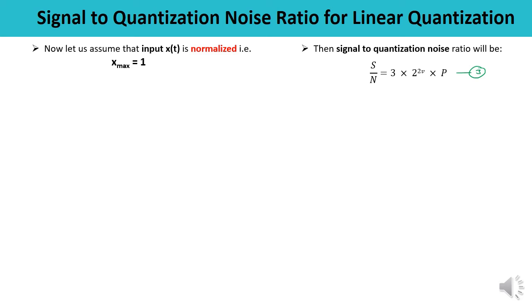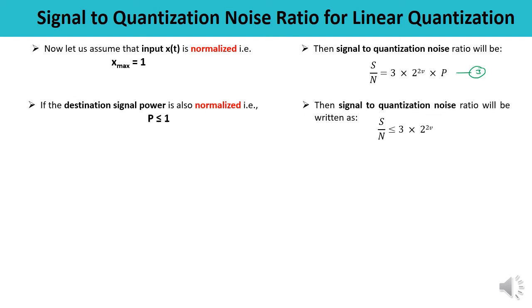If we say that the signal power is also normalized, means P is also normalized, and the value of P is less than or equal to 1, then the signal to noise ratio we can write down as less than or equal to 3 into 2 raised to the power 2V.